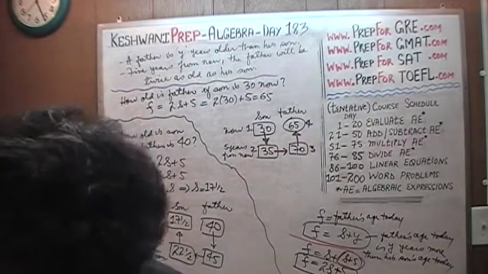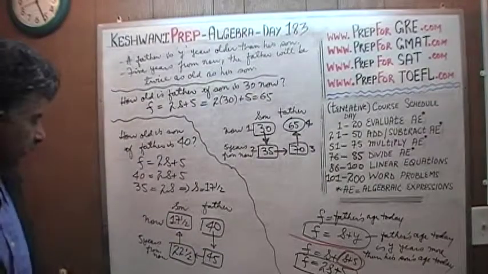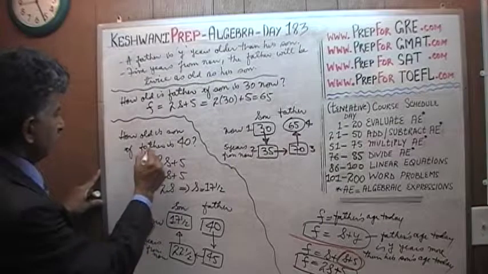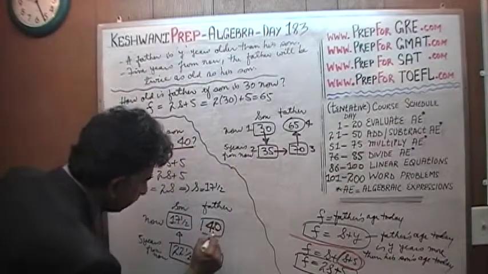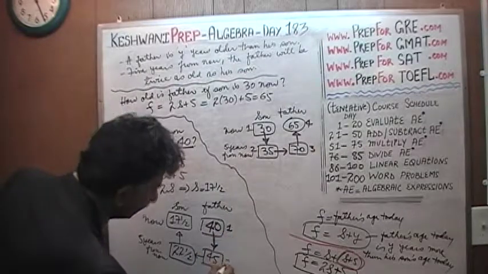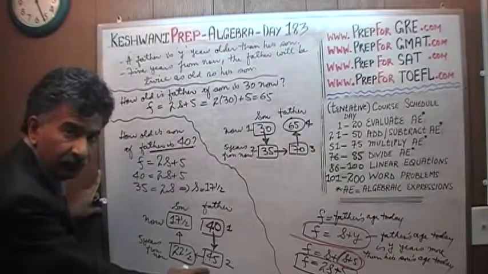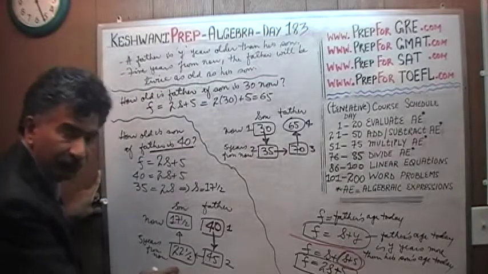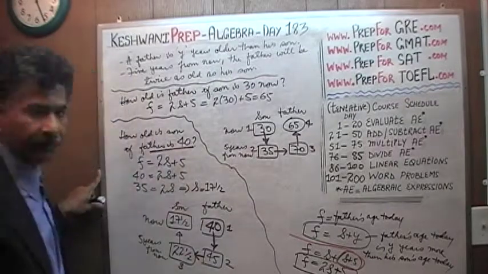Again, I'm going to do the same thing. I'm going to put the arrows and the numbers so you can see where we began our journey and where we finished it. So, father is 40. If father is 40, then 5 years from now, he must be 45. So this is our box number 1. 5 years from now, he must be 45. Well, if he's 45 5 years from now and he's twice as old as his son at that point, then his son must be 22.5. That's our box number 3.